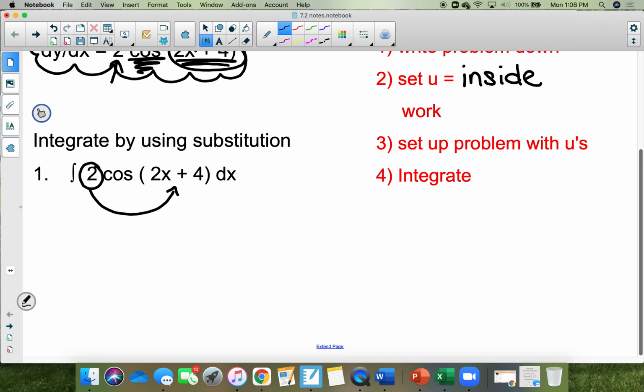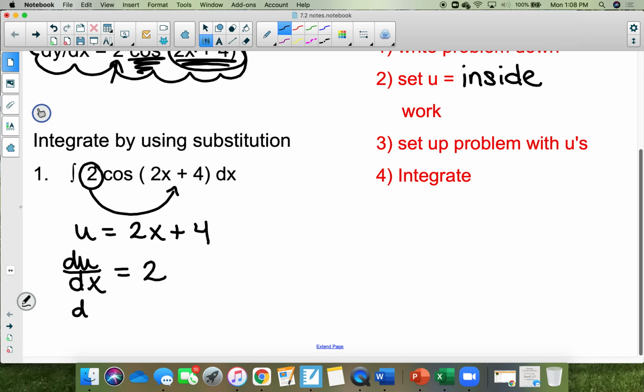So my inside part is u equals 2x plus 4. Then once you figure out what your inside part is, you're going to find the derivative of that inside part. The derivative of 2x plus 4 is 2.